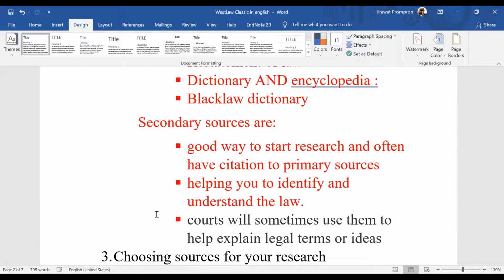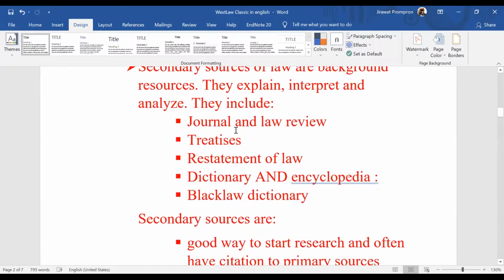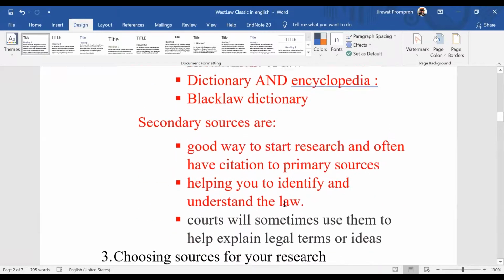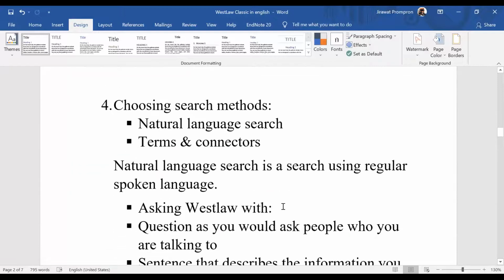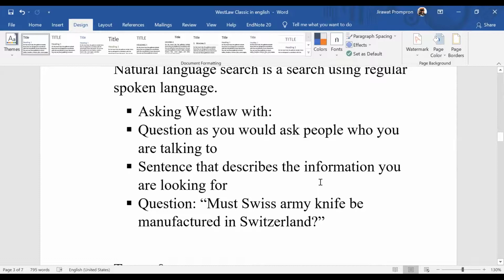You see the dictionary and encyclopedia. So you can use journals, the statement of law dictionary and Black's Law Dictionary, and choose natural language or term and connector. And then you can analyze it and you can print, you can download it.